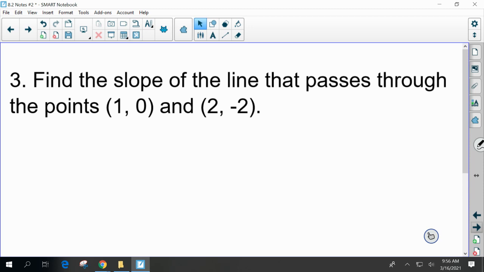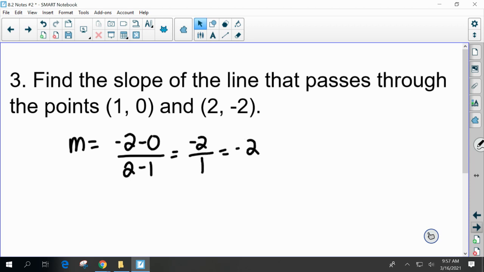Okay, so what did you put for the top part of your equation? Somebody. M equals -2 minus 0 over 2 minus 1. Okay, so the -2 minus 0 is -2 over 1. So you could also write that as just -2.